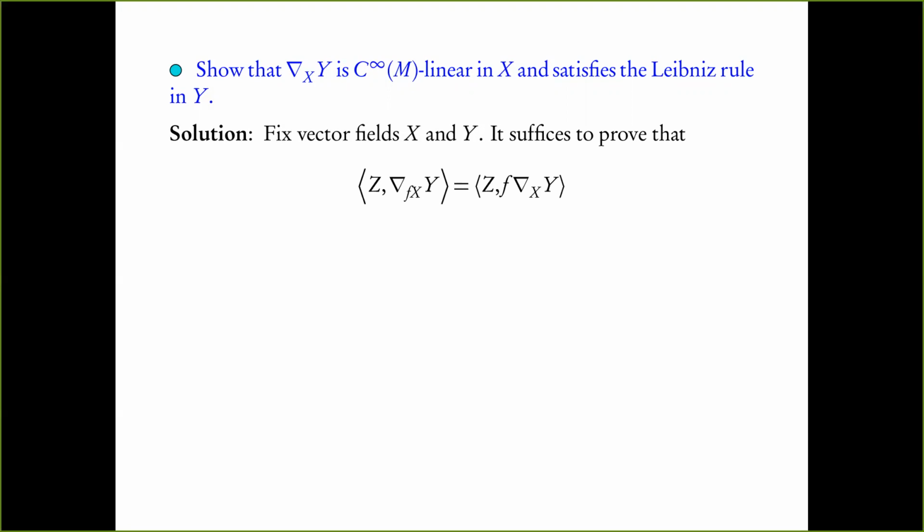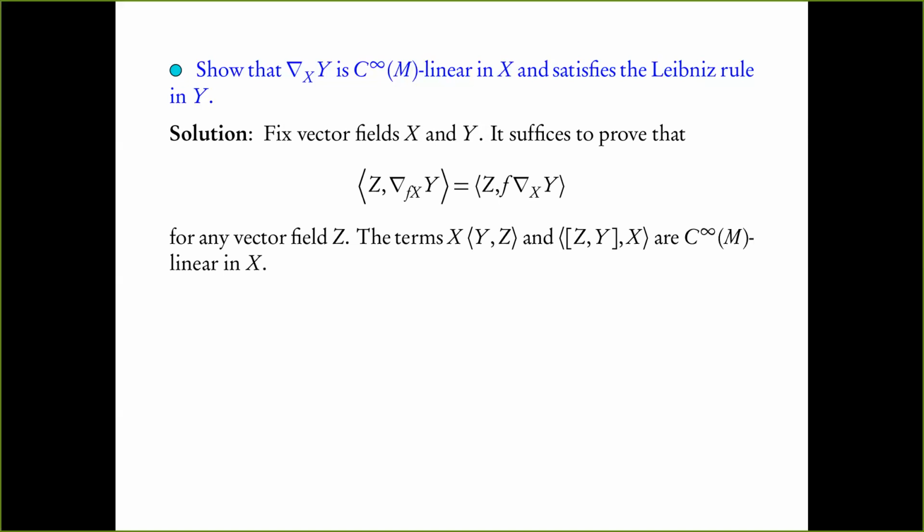Because then I'll just put Z equal to Zi, a basis, and a vector is determined by its inner product with the basis vectors. So I'm going to instead prove this, because I know the right hand side of each of the two things: the inner product of Z with something has these six terms. So it suffices to prove this for any Z.